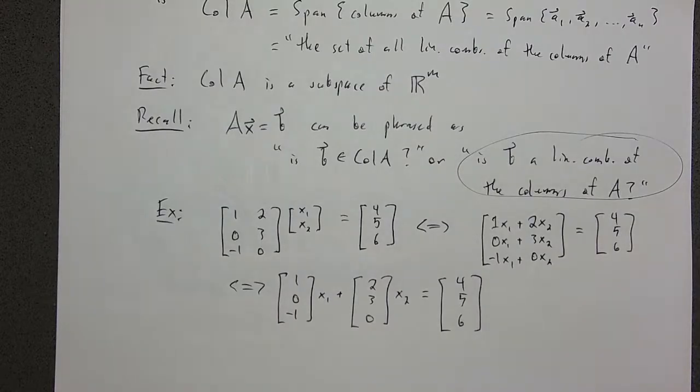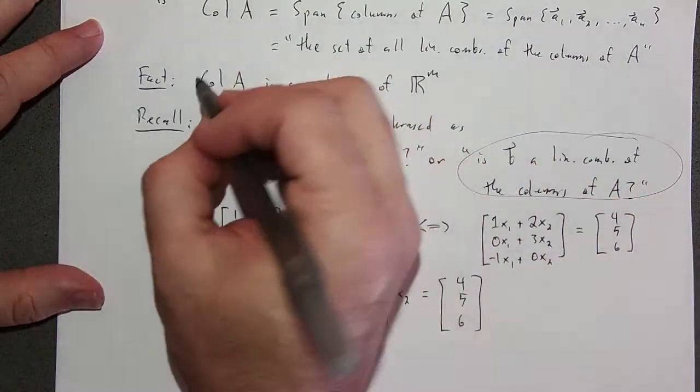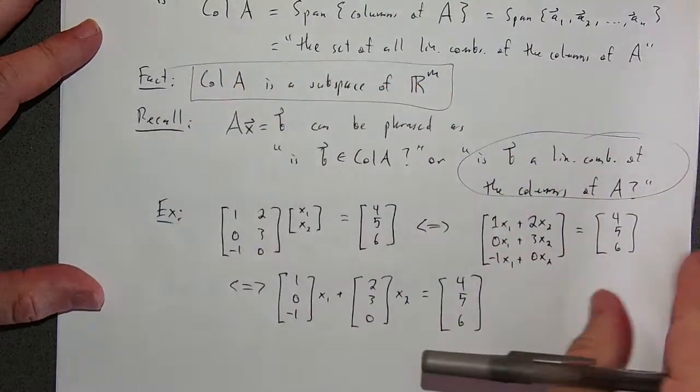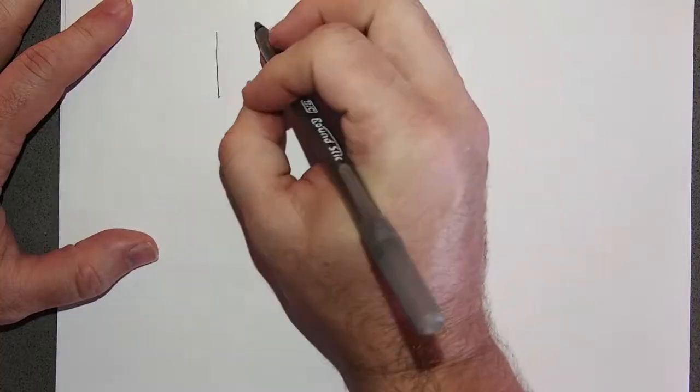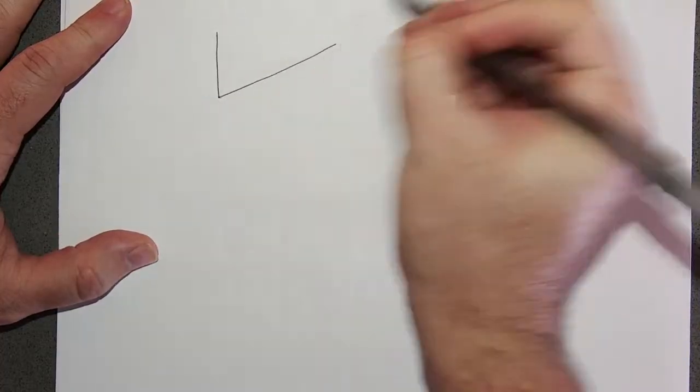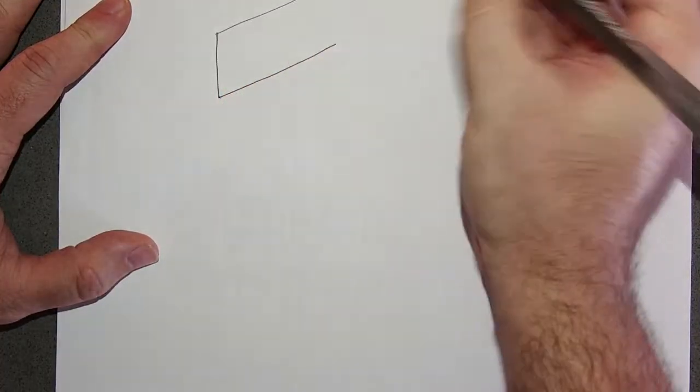The idea is that the column space of A is a subspace of Rm. So we can think of Rm as being like the ambient space. Again, like I said, maybe the column space is all of Rm. You can think of this typically as a plane.